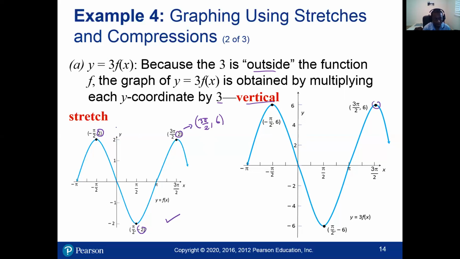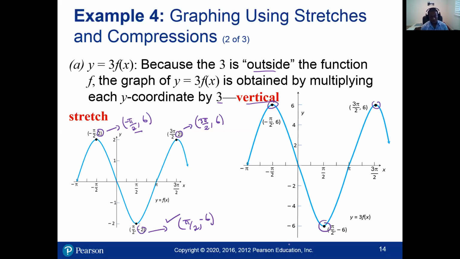Then if you look at this point, you multiply the y coordinate by 3. The x coordinate stays the same, but the y coordinate is multiplied by 3. And then if you go to this point here, it also becomes pi over 2. The x coordinate does not change, but the y coordinate is multiplied by 3, which is negative 6. And that gives me this point right here.